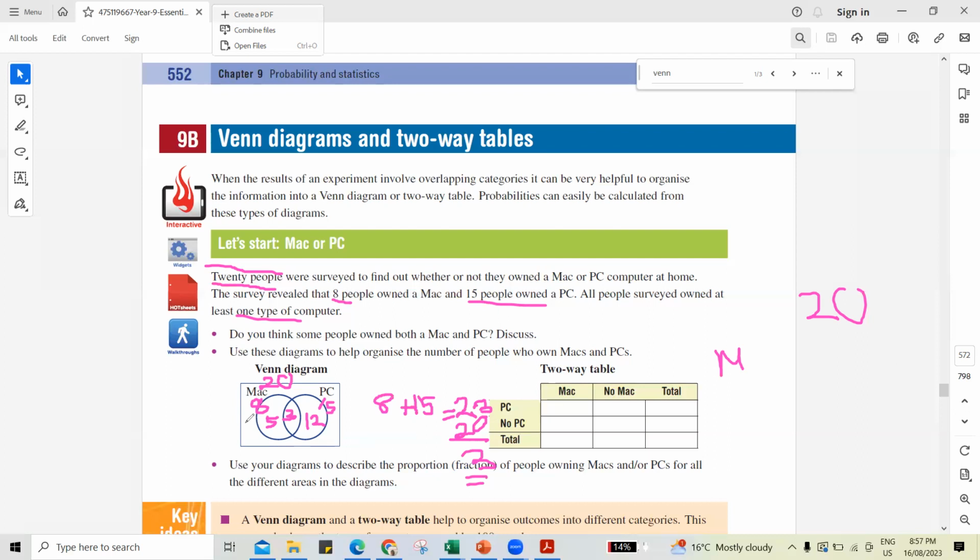Can you fill the table? Are you able to fill the table?